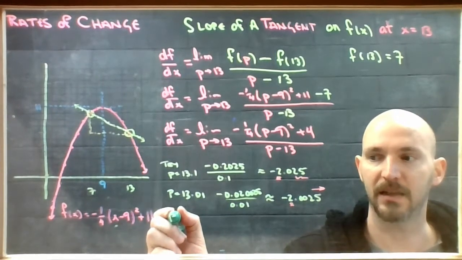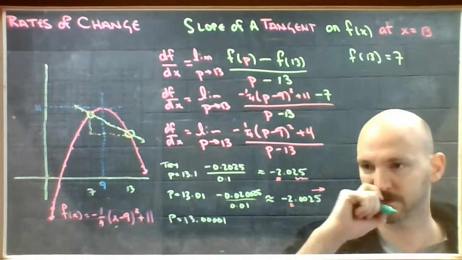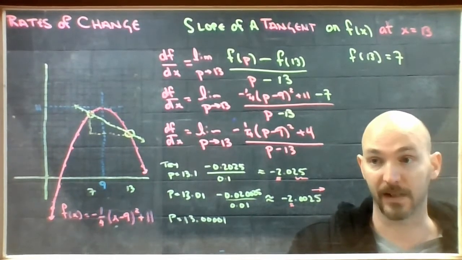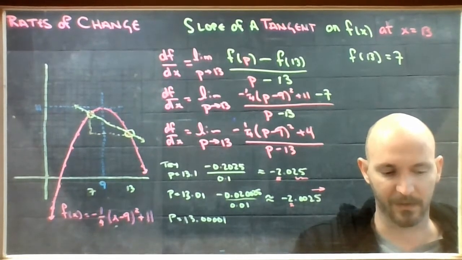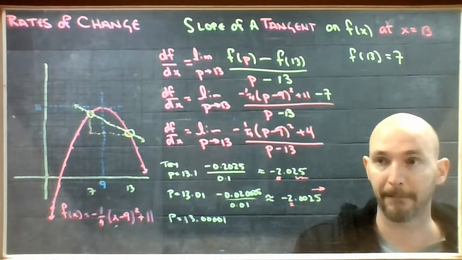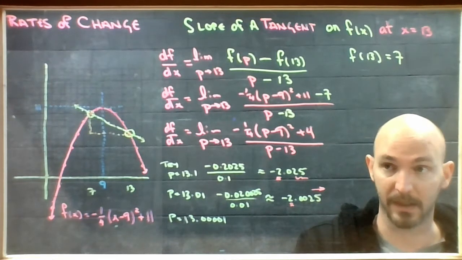Let's try P is 13.00001. So the numerator then would be 4 zeros and a 1 minus 9, which is 4.00001.